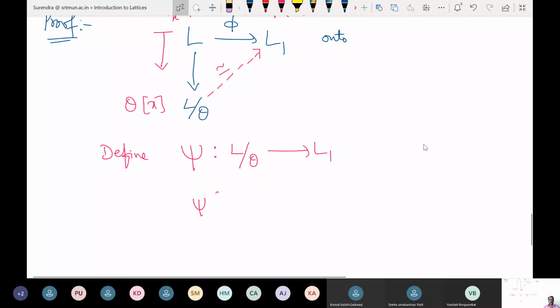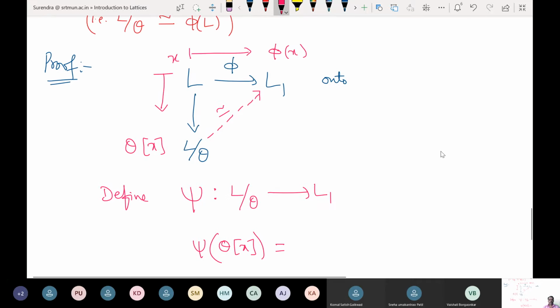Any element in L modulo theta looks like theta of x. I have explained everything in this diagram that you can see here. This x is going to phi of x. So we will define psi of theta of x as phi of x.